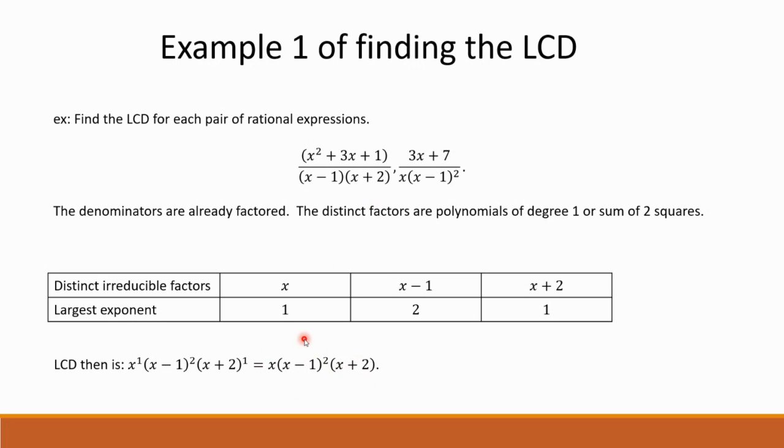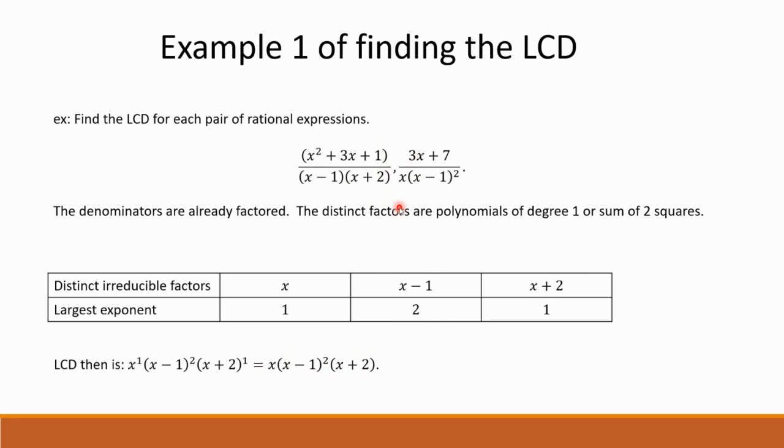Now we're not going to do the rest. Normally, if you wanted to add or subtract those rational expressions, this LCD would be your denominator, and you would have to manipulate each rational expression in order to get a common denominator.